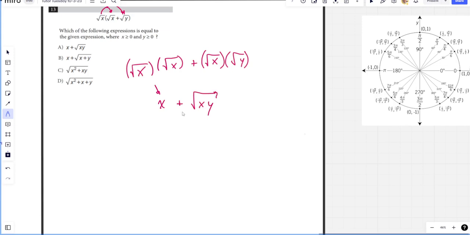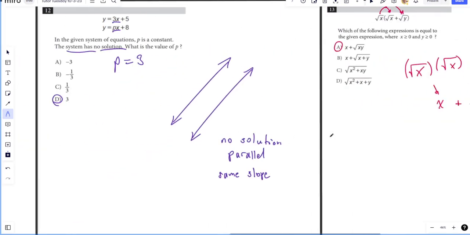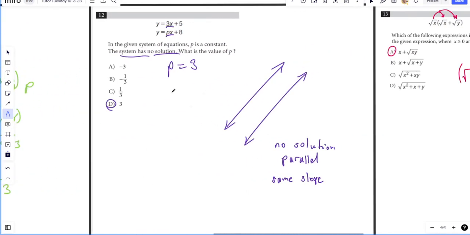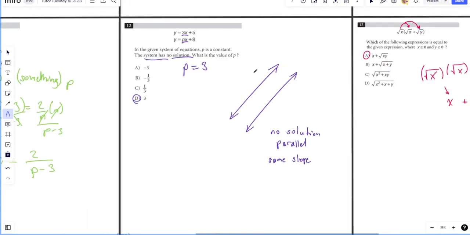So we're going to get x plus square root of xy, and that's exactly answer choice A. All right. On that last one, by the way, we had p equals 3 because we want to make this equation parallel to the other equation.